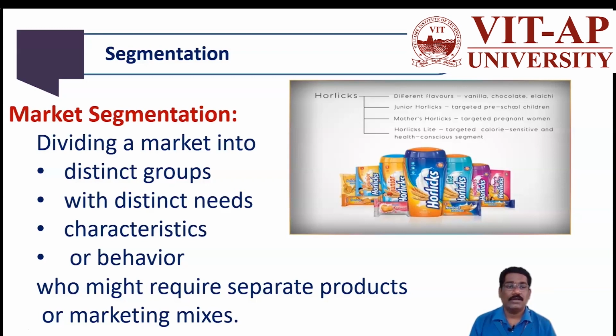And there are customer segments who are very much calorie sensitive and health conscious. For them, Horlicks also came out with a brand called Horlicks Light. With this great example, I hope all of you will understand the concept of segmentation very well.